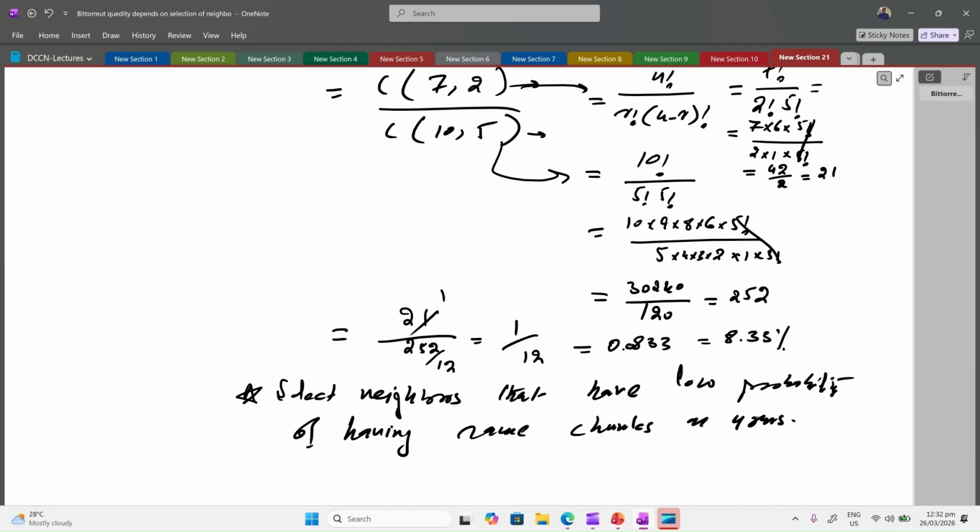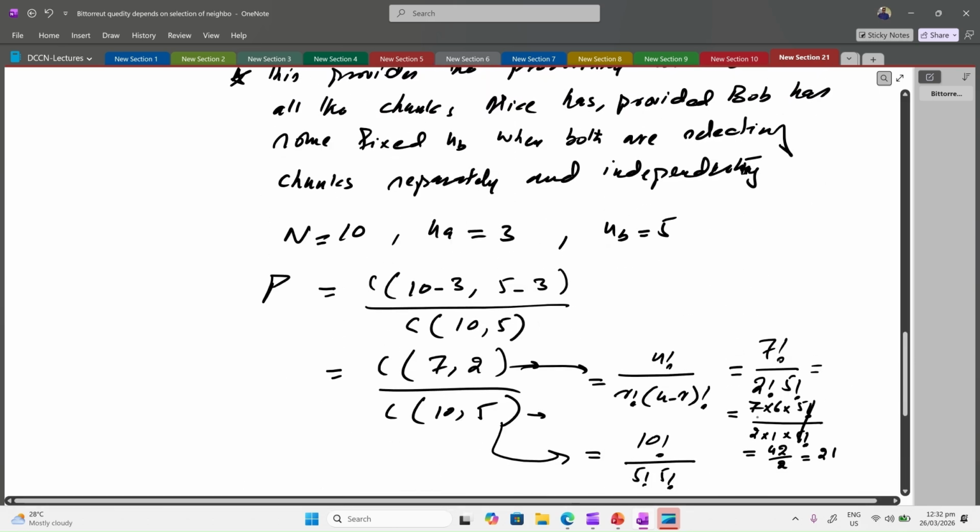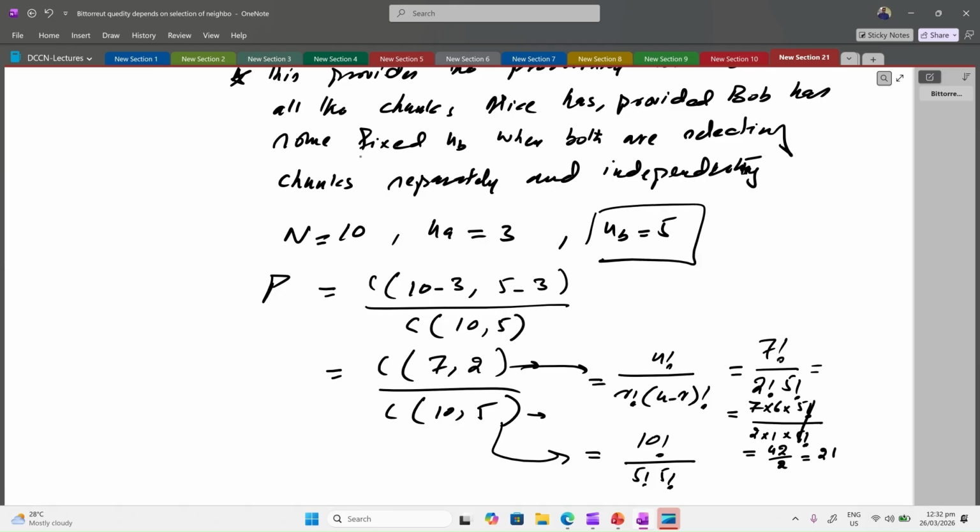Okay, so when I am making a neighbor, what is the assumption I am making here? That Bob has a fixed number of chunks, NB fixed.